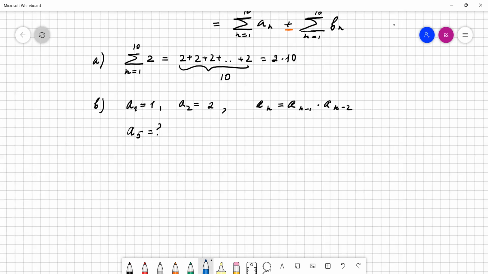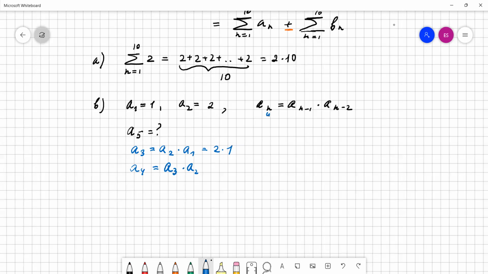So according to my formula, a3 is a2 by a1, right? In our case, it's 2 by 1. a4 is a3 by a2.